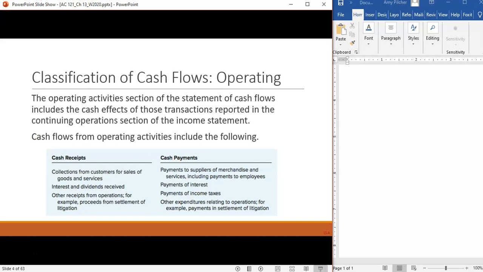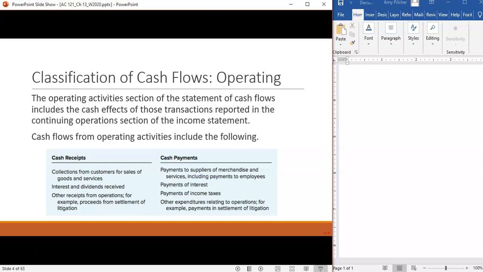So when we look at the statement of cash flows for operating activities, we look at those things that the company uses cash for in its actual daily operations. There's a variety of examples on this slide.